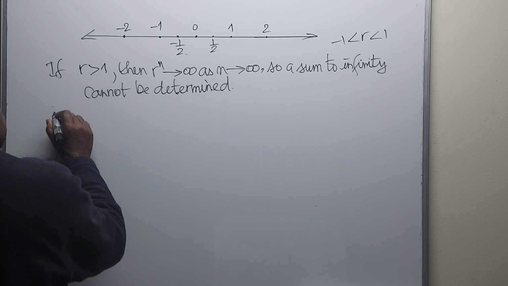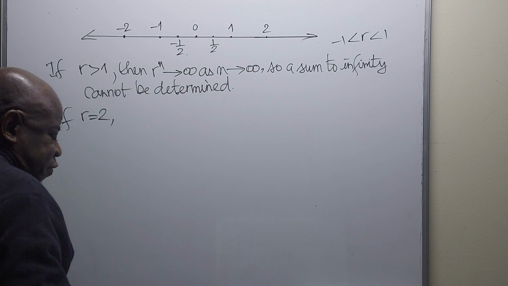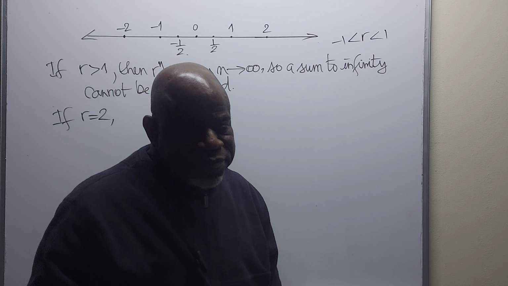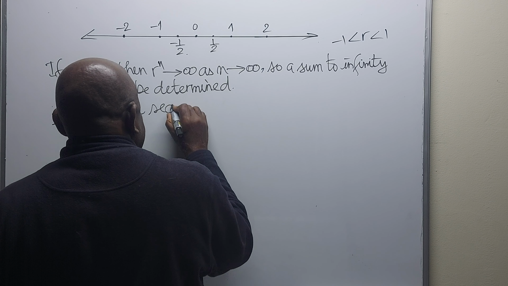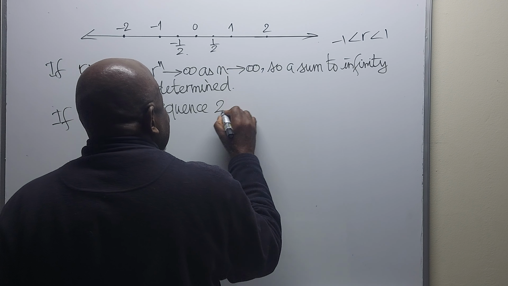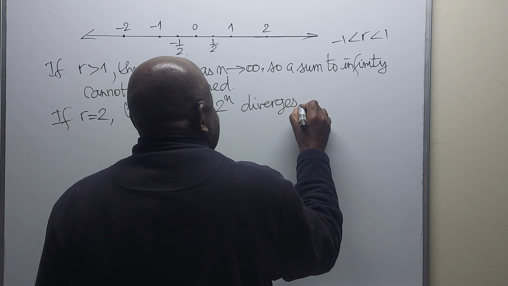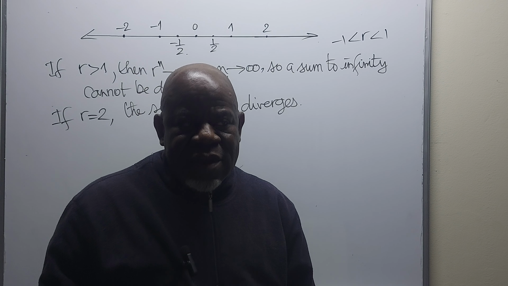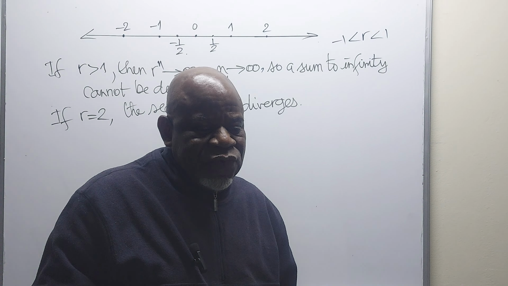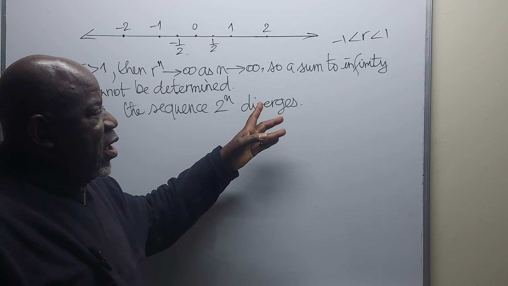If our common ratio is equal to 2, the sequence 2 to the power of n diverges. So if we consider a common ratio being equal to 2, the sequence 2 to the power of n will diverge.